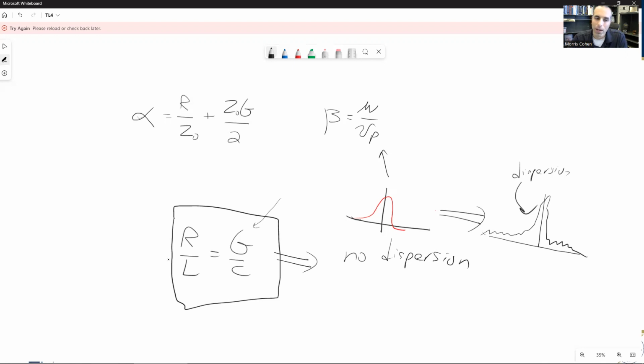And if R is non-zero, because you can't avoid R being non-zero, there will be some non-zero resistance value to the long transmission line. So the only way for this condition to be met is for G to be non-zero. That implies, ironically, that you might want to intentionally fill your transmission line with a material that has just a little bit of loss or a little bit of conductivity to it in order to make this condition work.